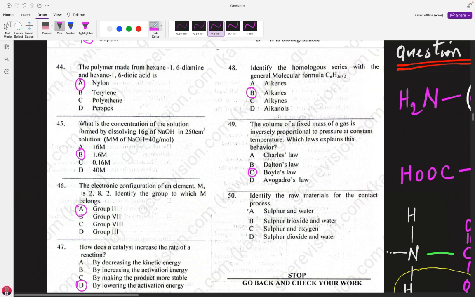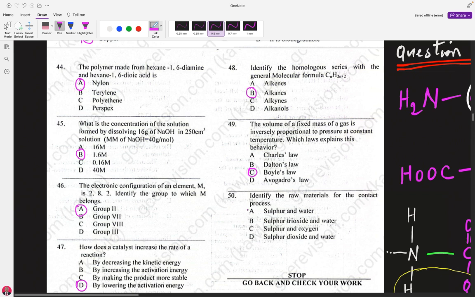Now, the sulfur dioxide is reacted with oxygen again to form sulfur trioxide. We cannot use sulfur trioxide because they said identify the raw material. So the raw materials are sulfur and oxygen.